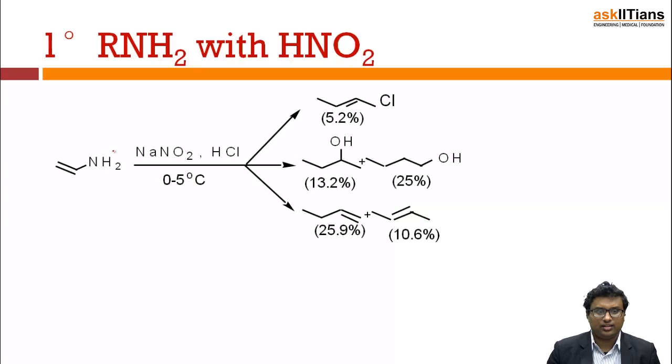You can see that if you have an NH2 attached to an alkyl group in presence of NaNO2 and HCl, remember, this is NaNO2 and HCl, or HNO2 is the same reagent, you may get chloride attached here. Chlorine may get substituted, or you will get alcohol, or you may get a set of alkenes.